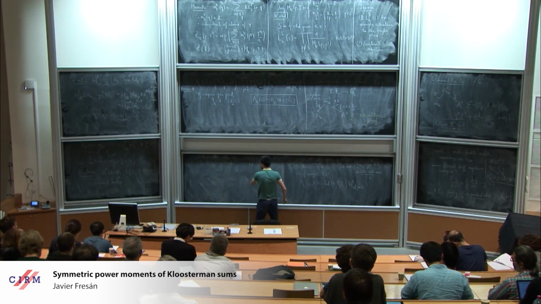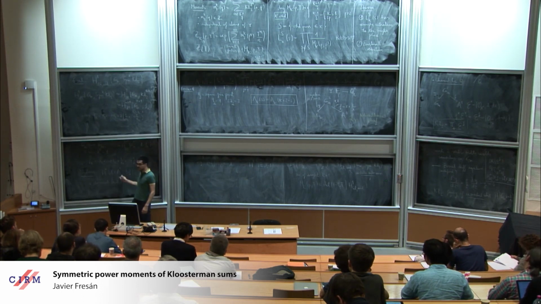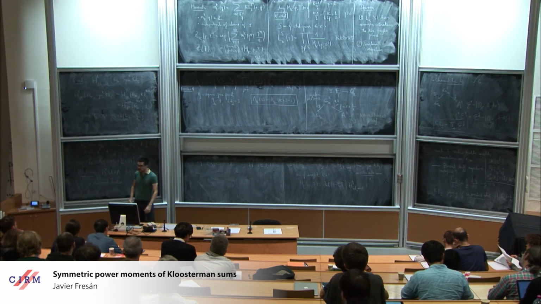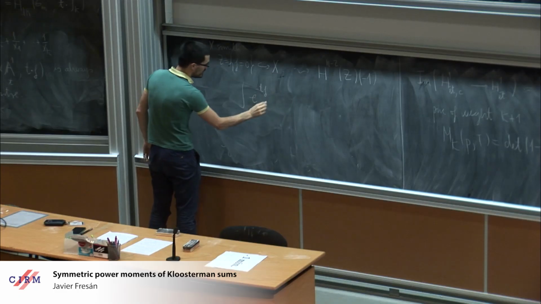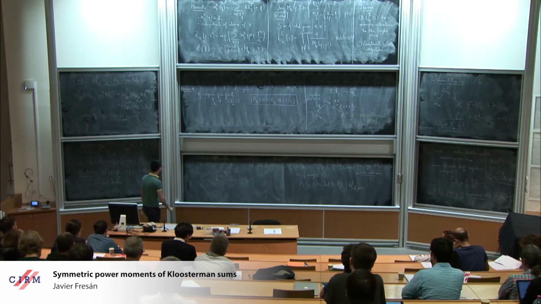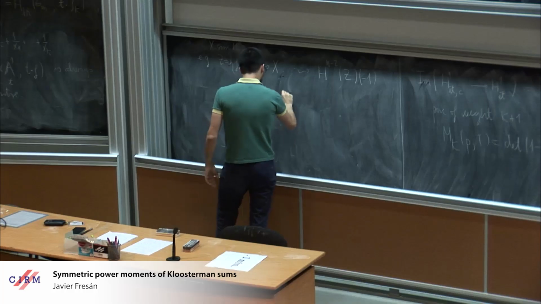And this identification between these two motives should remind you of the following. If you look at exponential periods of these things, you will find integrals of the kind exponential of minus t f, and then a differential form on X, and then dt.